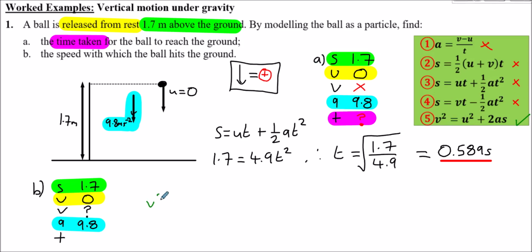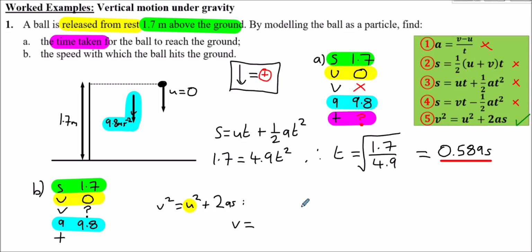So using v squared equals u squared plus 2as, we can now see that v squared equals u squared. Well, u is 0, so u squared will be 0 squared, which will be nothing, so we can ignore that.